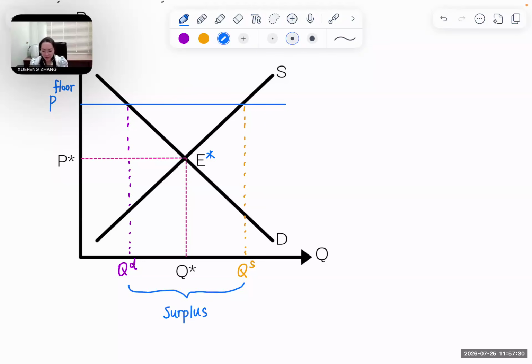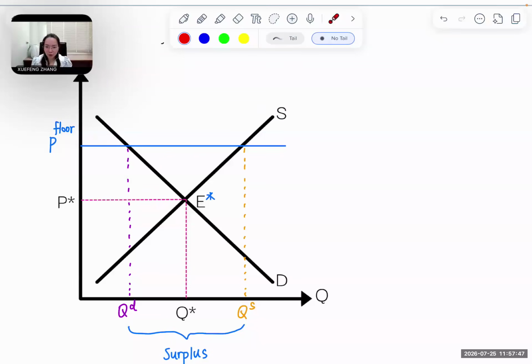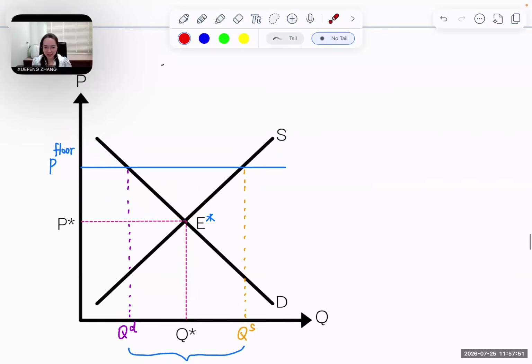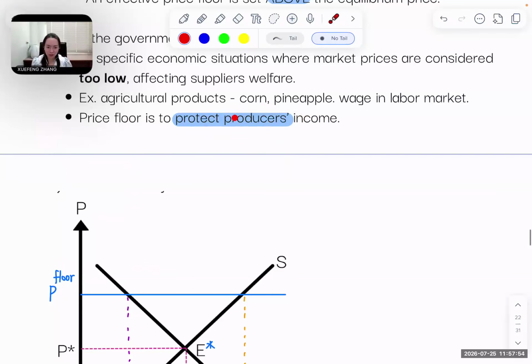Okay, so basically, the floor above the market equilibrium will create surplus. Okay? Floor is under our feet, but in economics, floor price is above equilibrium, protecting sellers and workers.